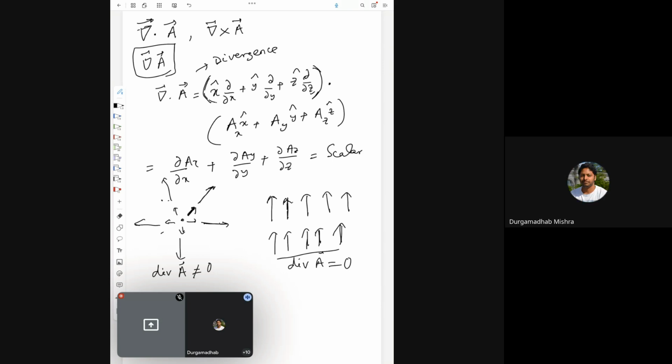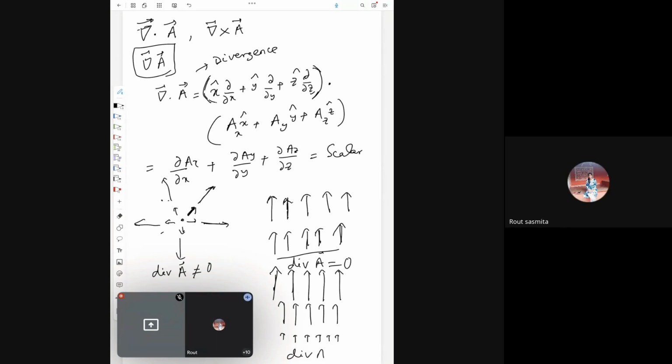Now if I take a situation like this, what do you think will be the divergence? This length is even longer than the previous one. So is there a divergence or not? There will be a divergence here as well.